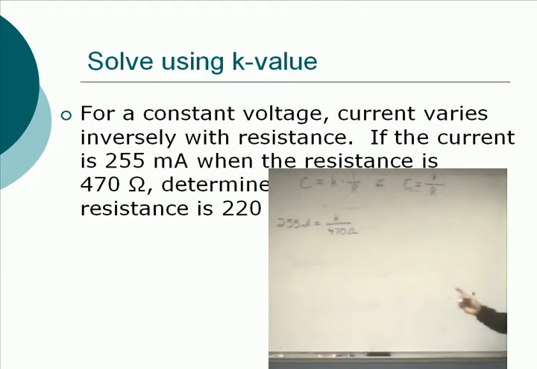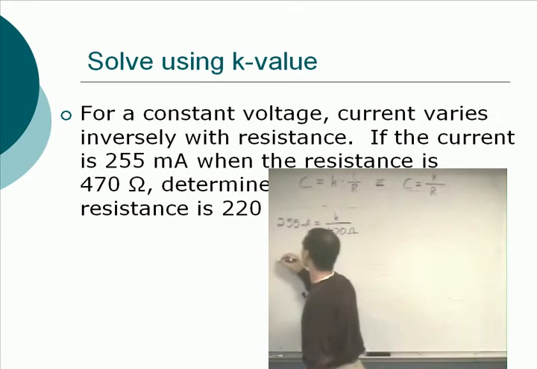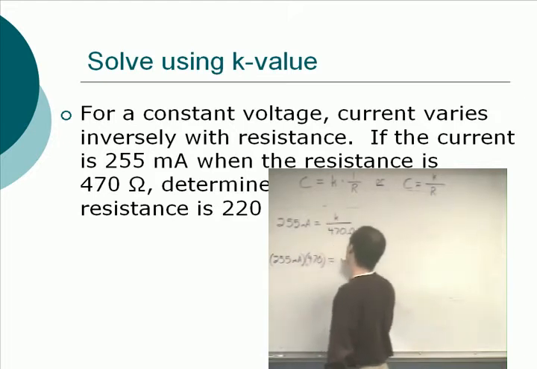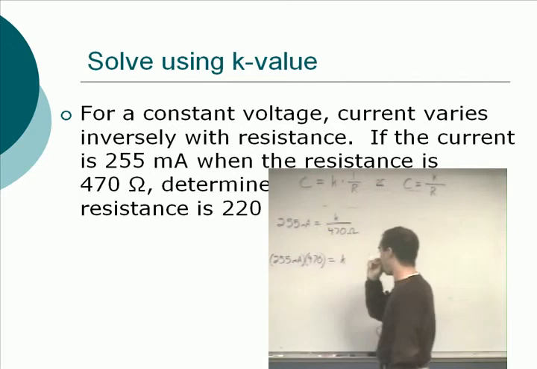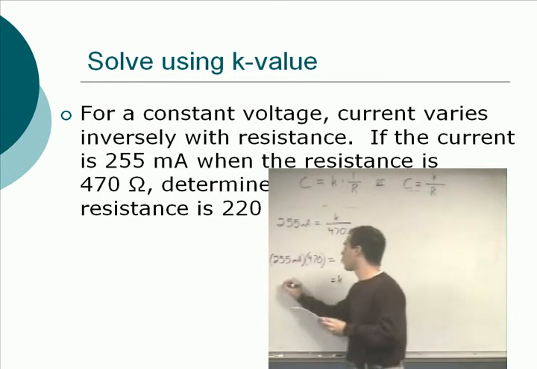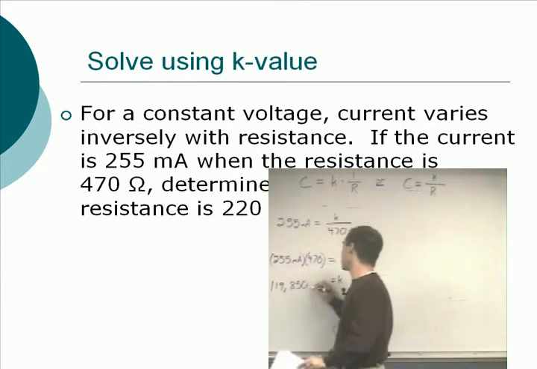Now we can solve for K. Multiply both sides by 470. And K is equal to 119,850. Your units are milliamps per ohm.